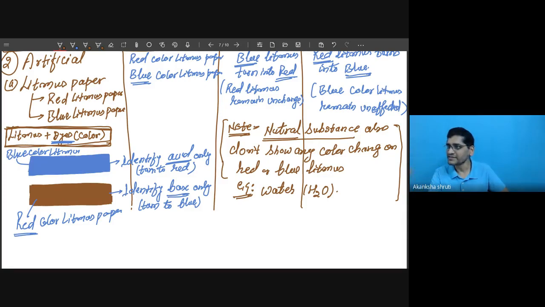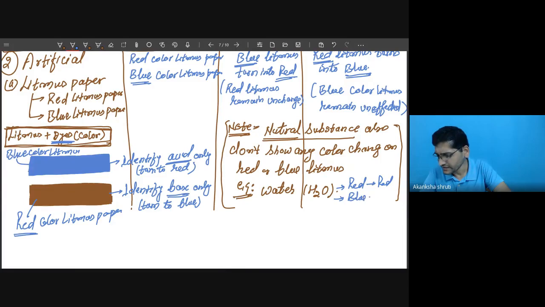It means that chemical is neutral. We have to keep that in mind. So right, water: in this case, red remains red, and if we are dipping blue litmus, it remains blue. So there is no color change.